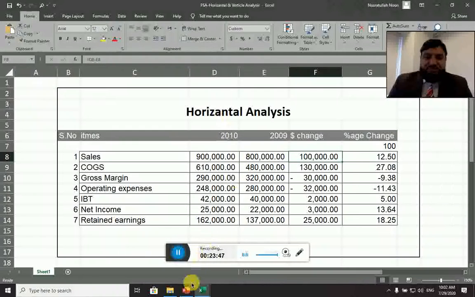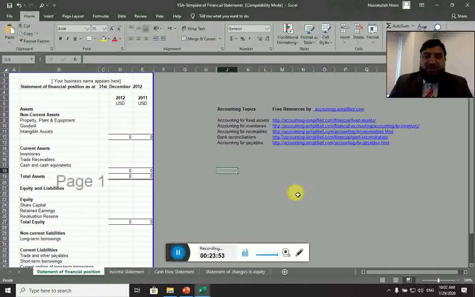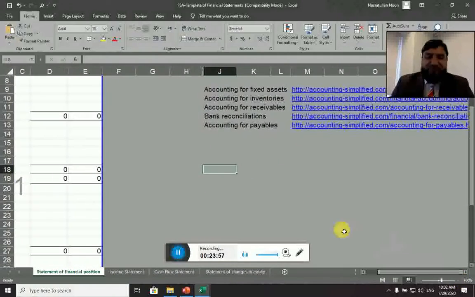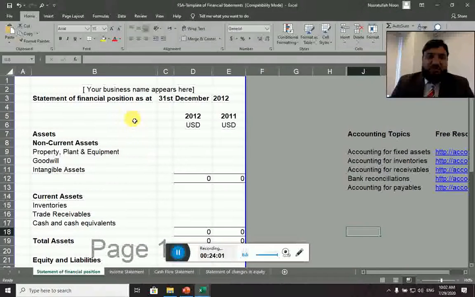Now next, we have some other formats, international, as per the international standards. So here the first one we have is the statement of financial position. You can see it's for 2 years, right?